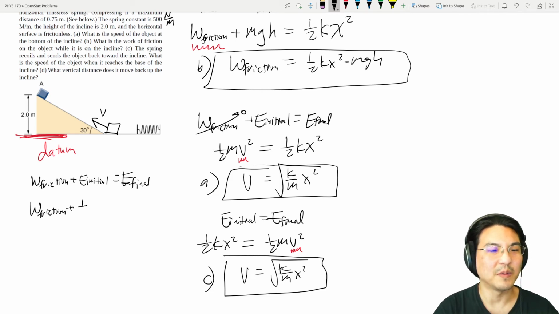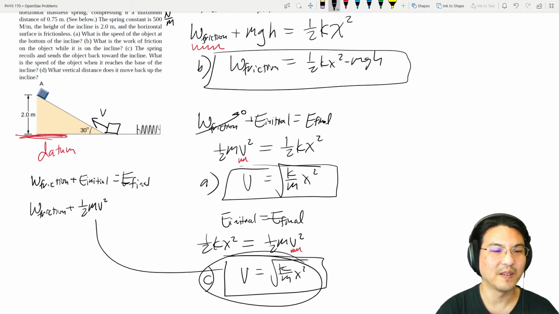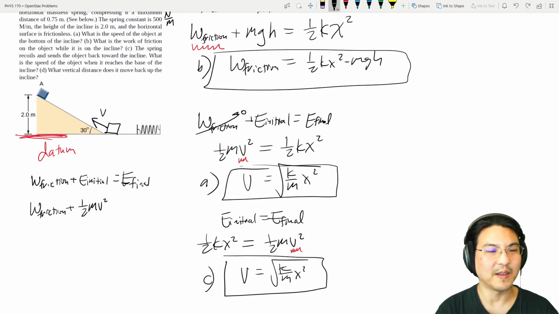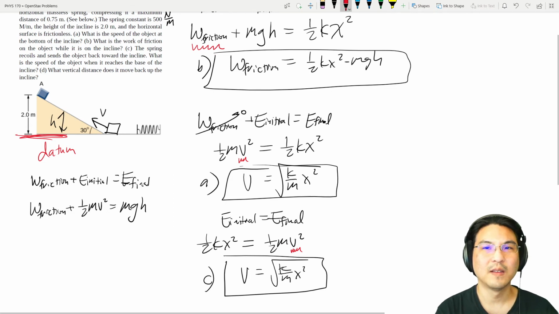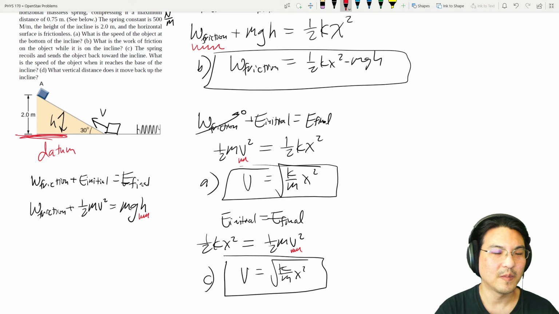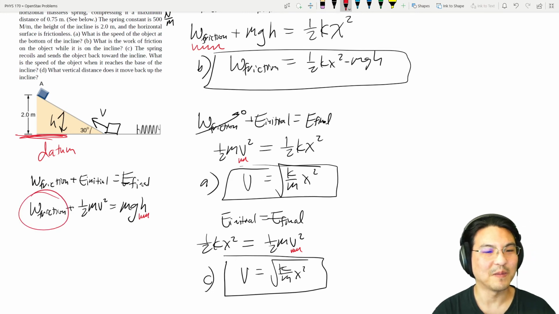Initial 1/2 mv squared, and we know the speed right here. And then at the datum, no spring. And then final, at the highest, the speed is now 0. And now it's above the datum, some height, h. So mgh. So this is what we're after. Okay, we have to talk about this work by friction as it goes up the ramp.